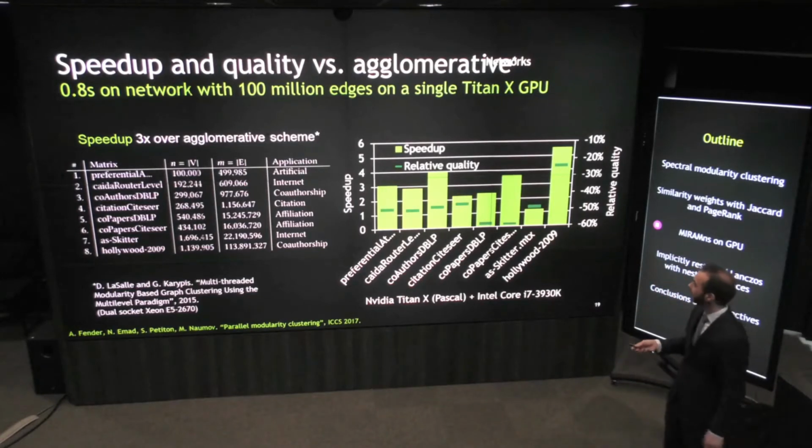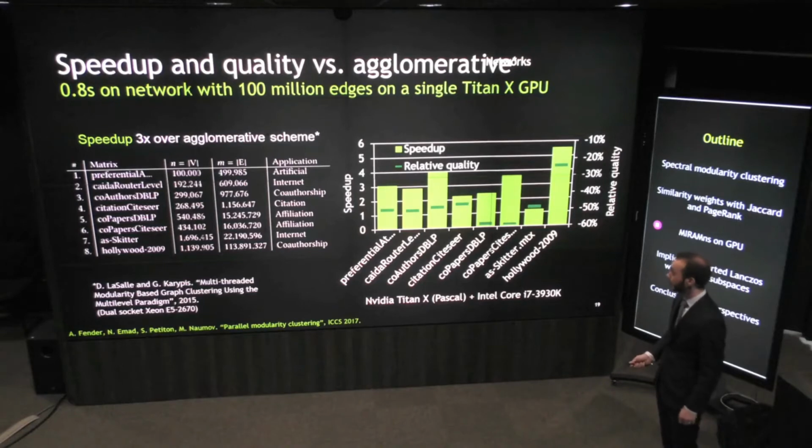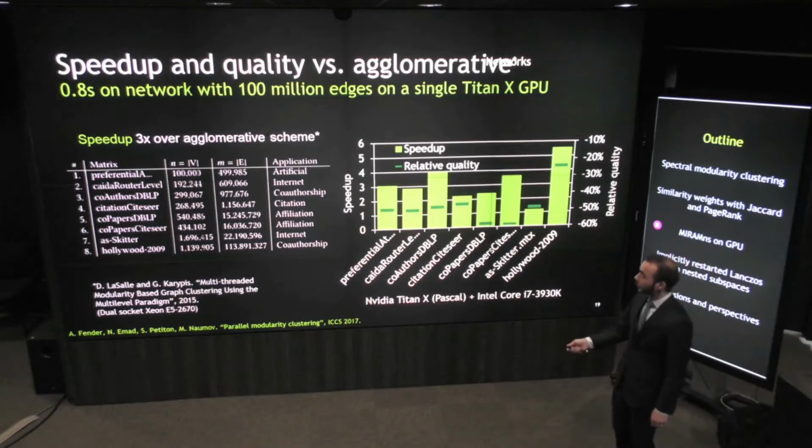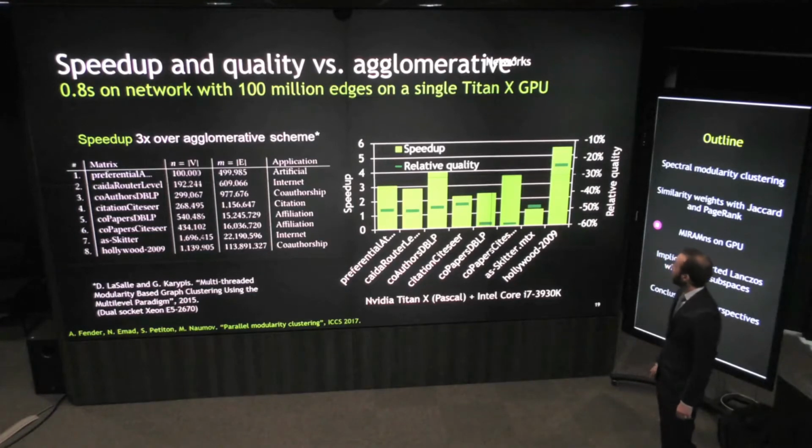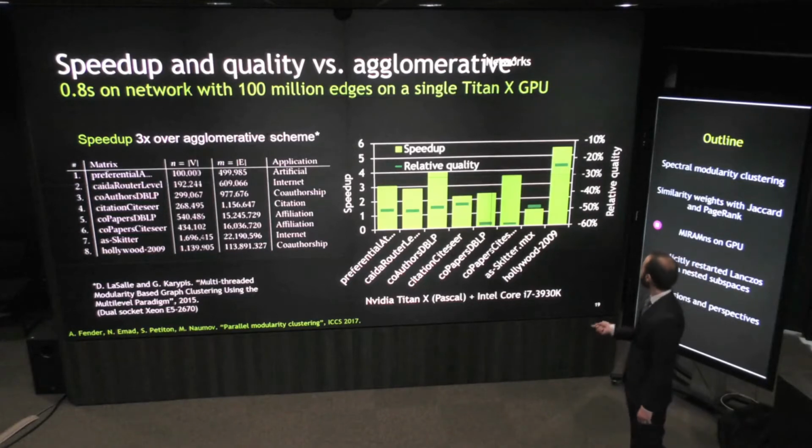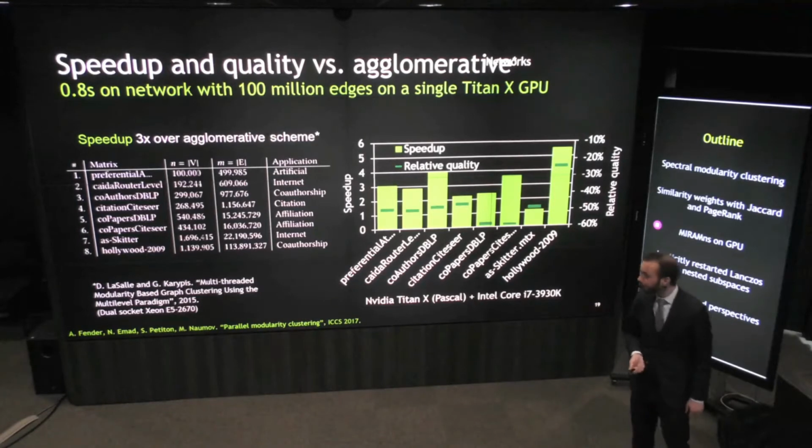So we can assume it's pretty state-of-the-art. This is work from 2015, and the CPU results were on dual socket Intel. Here we compare one GPU against the dual socket, and we can see that we have around 3x speedup on average, and up to 5x speedup.